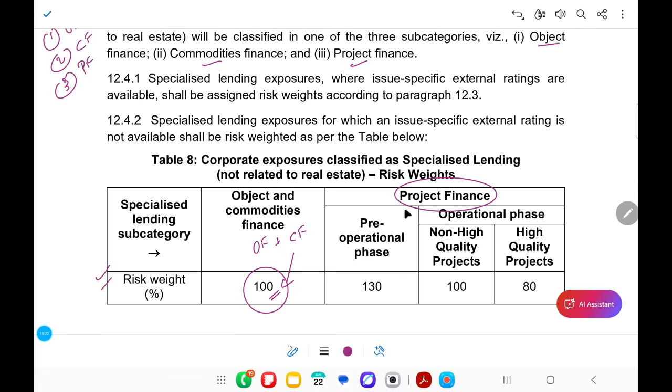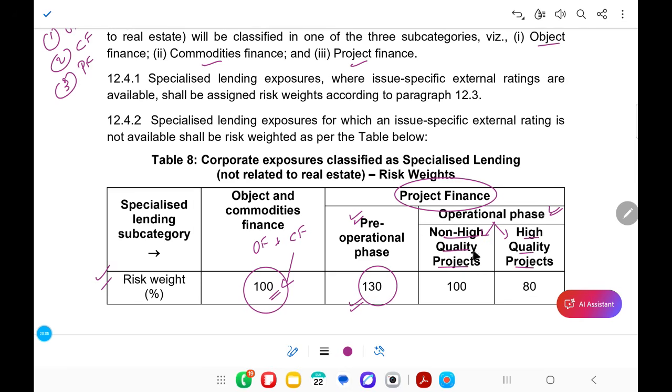Project finance is divided into two phases: the pre-operational phase and the operational phase. Under the pre-operational phase, the risk weight is 130%. It means the project has not started, therefore the risk weight is very high. Now, when the project comes under the operational phase, the risk significantly reduces. Under the operational phase there are two main criteria: non-high quality projects and high quality projects.